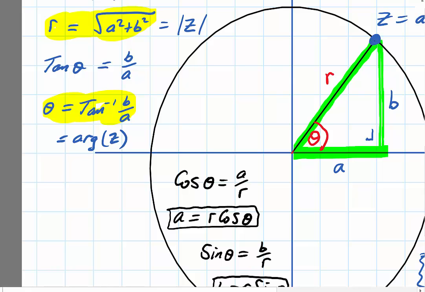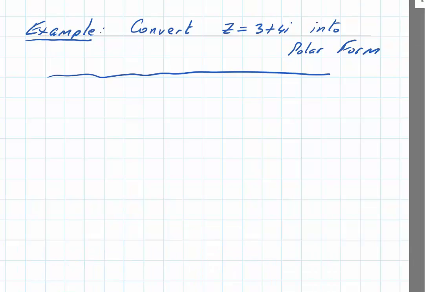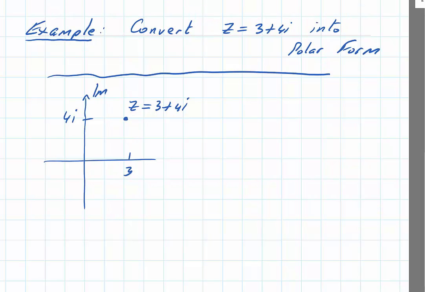So back to our question. You can do a quick sketch of where the number is. So there's your z, so it's 3 plus 4i, so it's 3 along this axis and it's 4 along this axis. That's the imaginary axis there, and the real axis.